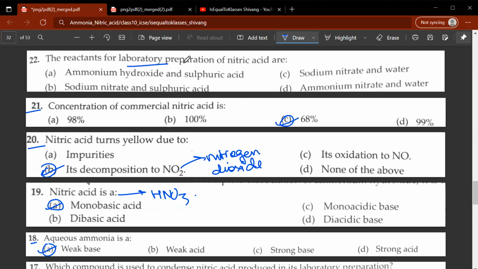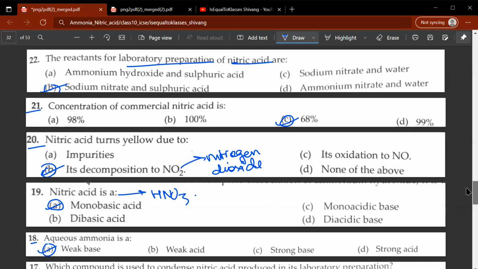The reactants for laboratory preparation of nitric acid are B, sodium nitrate and sulfuric acid. NaNO3 and sulfuric acid are the reactants for preparation of nitric acid.